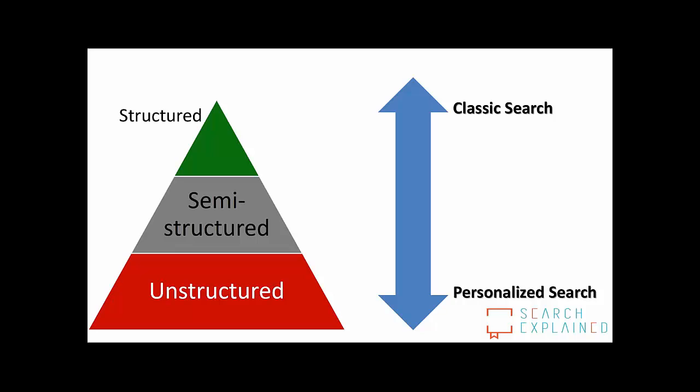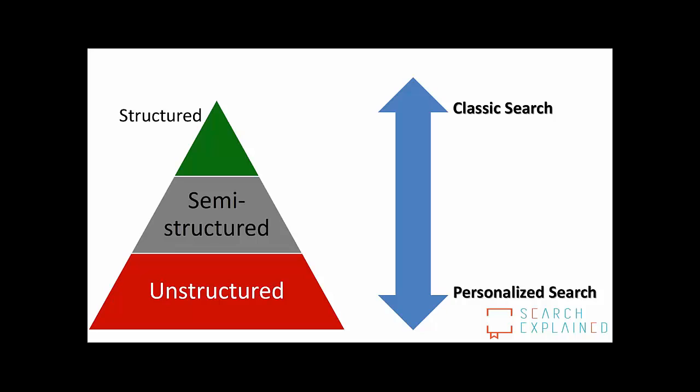Why? Because with unstructured content, you don't have a structure, you don't have good metadata, you don't have good tags and properties on the documents, you don't have anything that you could customize and enhance the classic search with. Because classic search always needs good metadata.